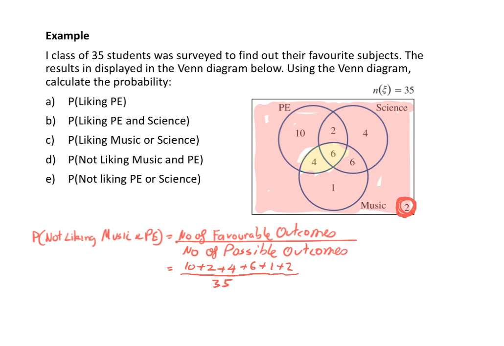So my 2 within my calculations, because they are included in not liking music and PE. So my probability is going to equal 25 over 35, which is going to equal 5 over 7. So the probability of a student not liking music and PE is 5 over 7.